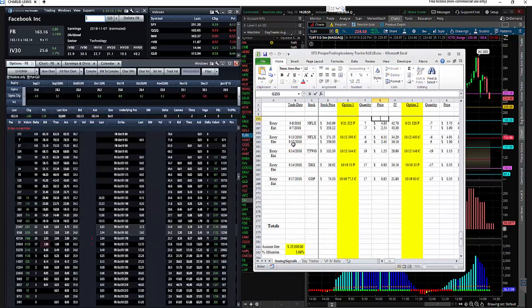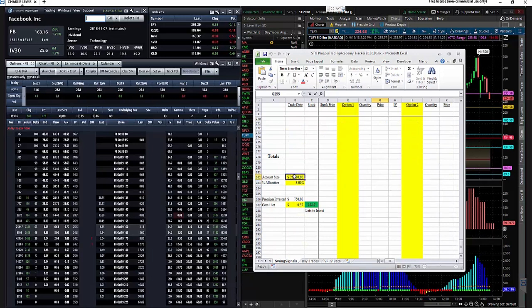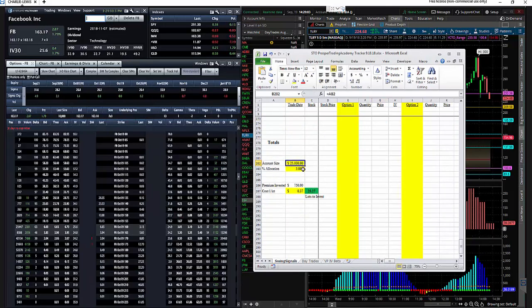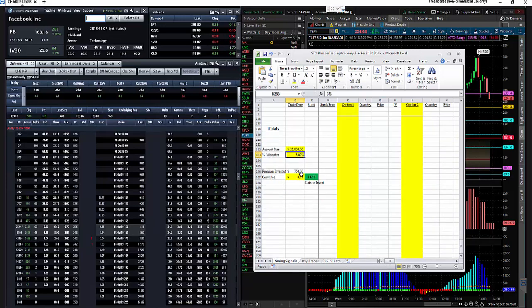And so, let's just say generically, I have a $25,000 account that I'm going to allocate 3% towards any one signal. Well, that means that I'm going to be risking $750 per signal that I do. And let's just say that we're looking at Facebook here.